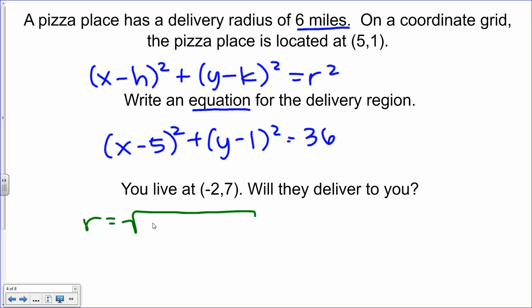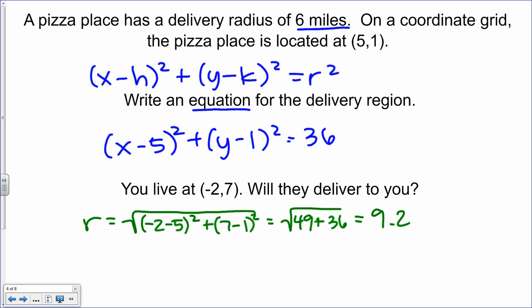You're going to plug this in, so -2 minus 5 squared plus 7 minus 1 squared gives me -2 minus 5 is -7. 7 squared is 49. 7 minus 1 is 6. Squared is 36. So that tells me that I am 9.2 miles away from the delivery place. If their radius is 6 miles, then no, they will not deliver to me.